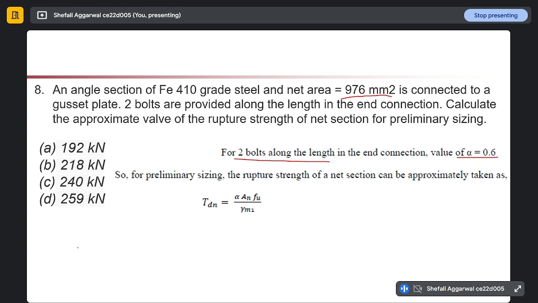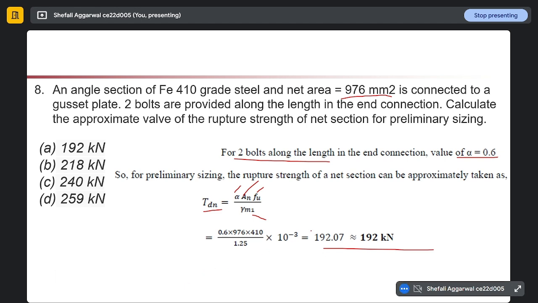Second thing is the rupture strength is given by alpha An Fu upon gamma m1. So for 2 bolts, alpha is 0.6. Then An, the net area, is already given to us as 976 mm square. For Fe410, ultimate strength will be 410. Gamma m1 is the partial safety factor 1.25. Okay, using all this in the formula, we are getting Tdn as 192 kilonewton.